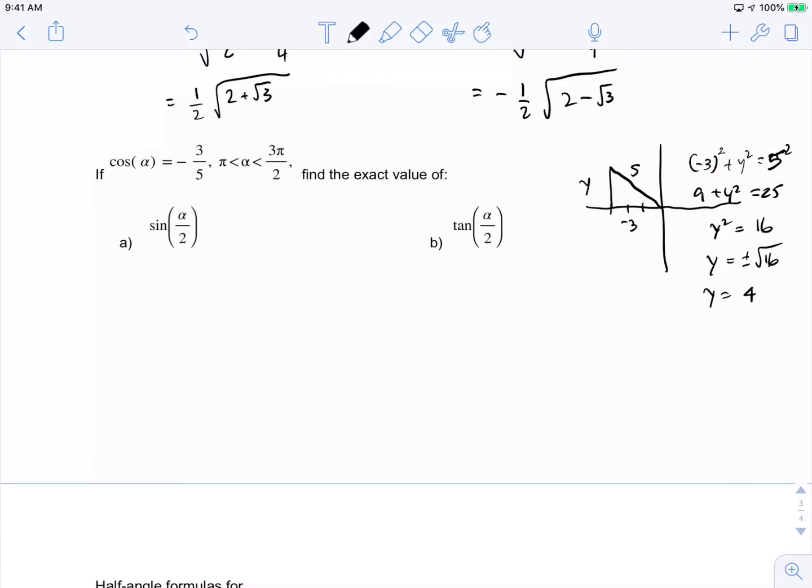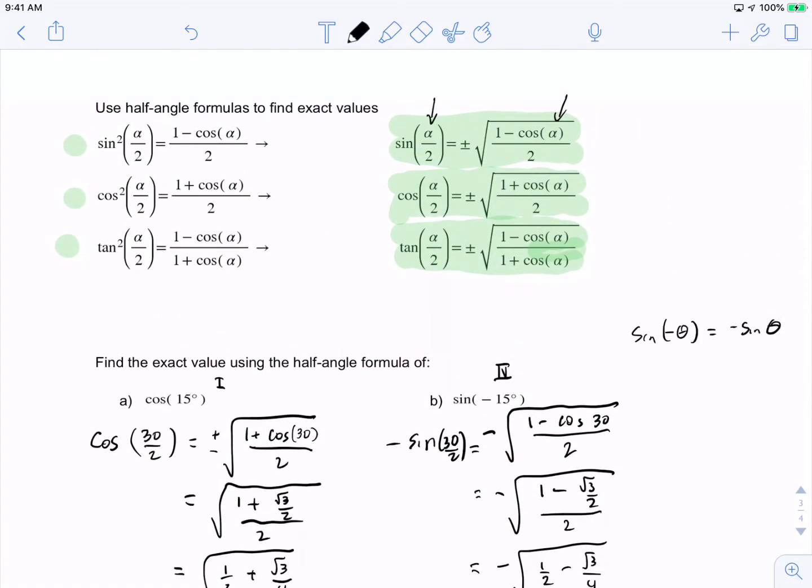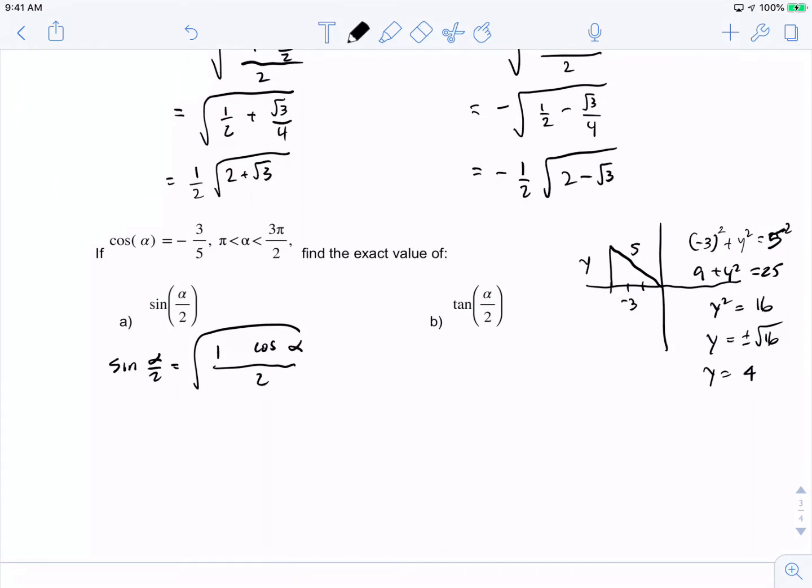So now, when we look at this problem, sine of alpha over 2 will equal the square root of 1 minus cosine of alpha over 2. Actually, I think it's minus here. Let's confirm that. Yeah, it's minus. And then it's positive because we're in quadrant 2 and sine is positive.